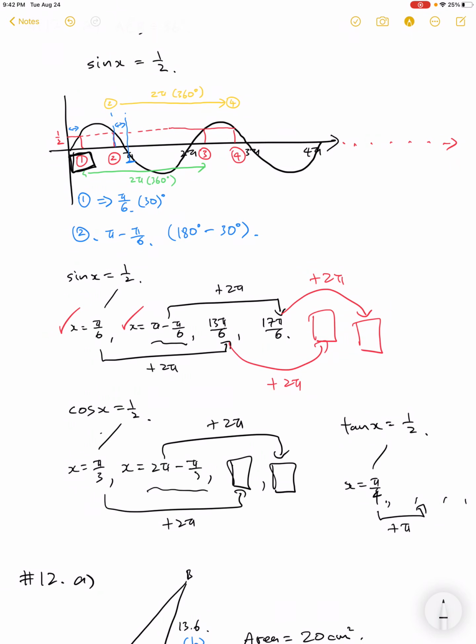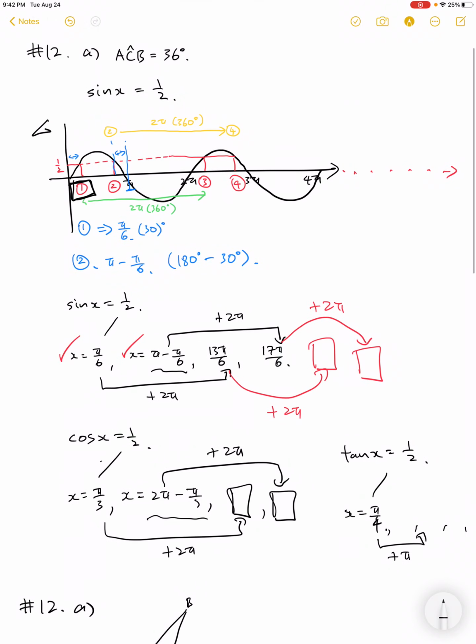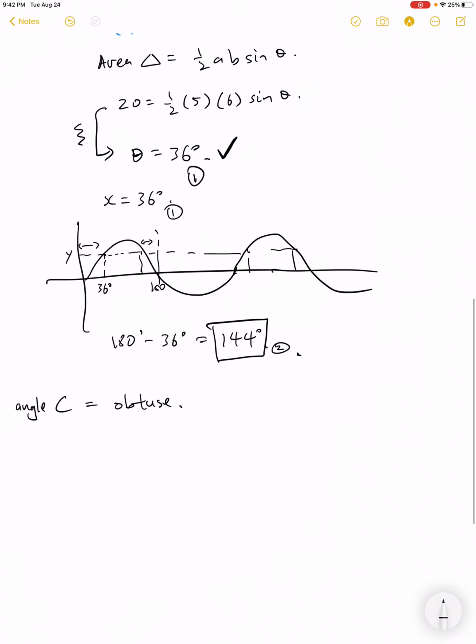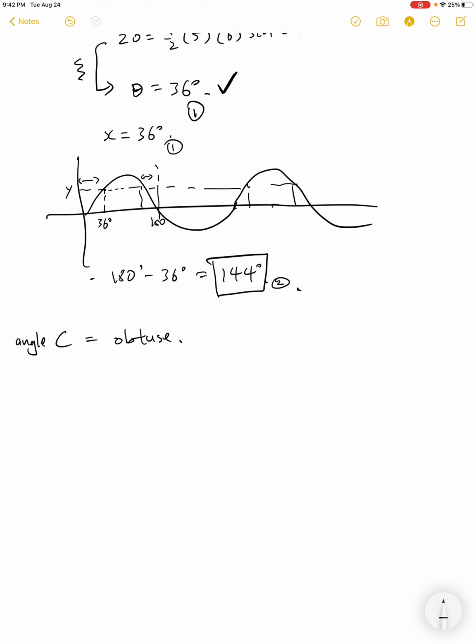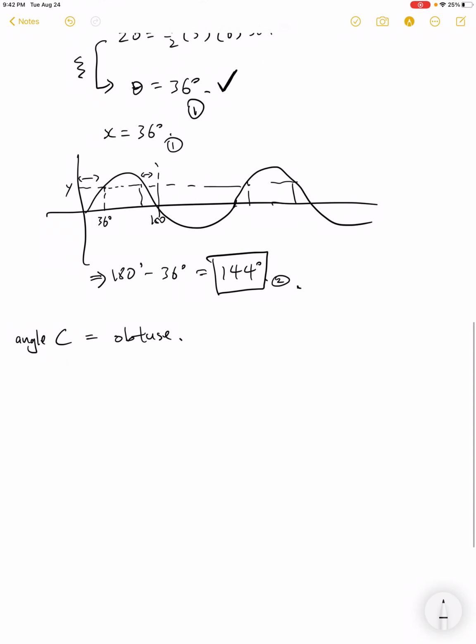It is your job to have this particular concept in your mind, and when the question says angle C is obtuse, then you know, that's when I do 180 minus 36 to get my second value, which is an obtuse angle. So we give the answer, angle ACB equals 144 degrees. That should be your final answer and the correct answer.